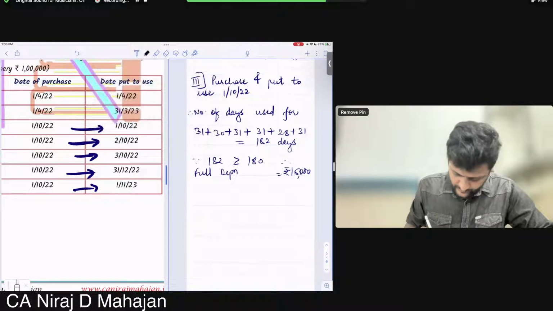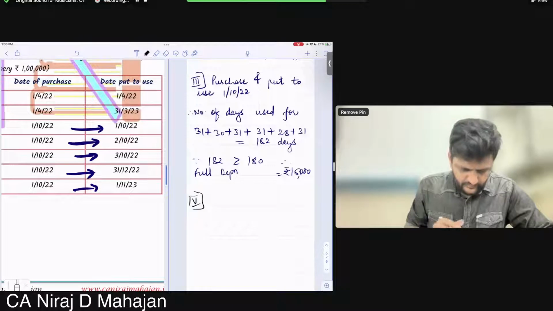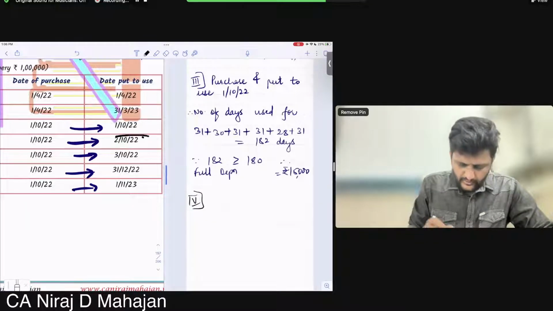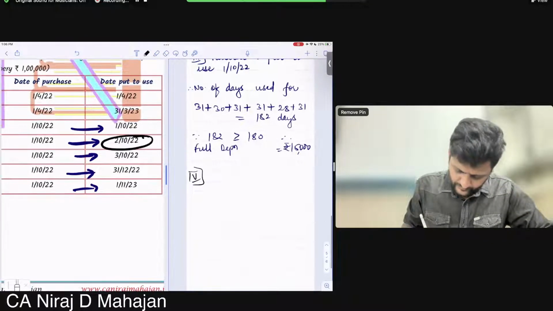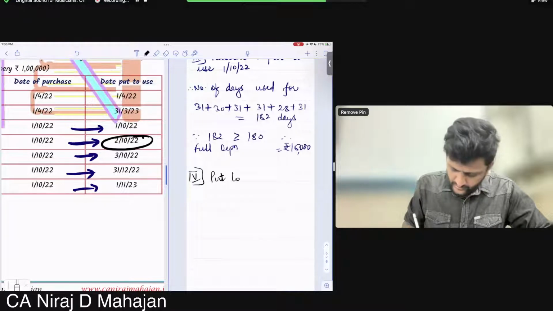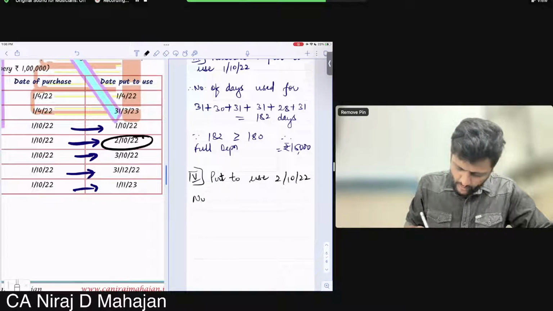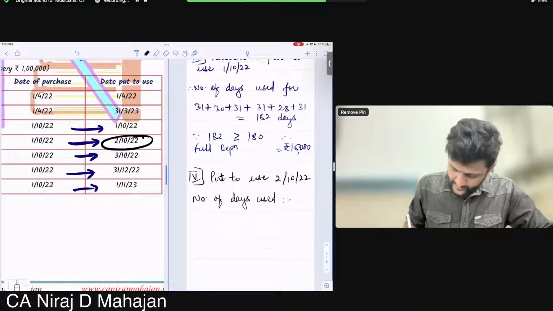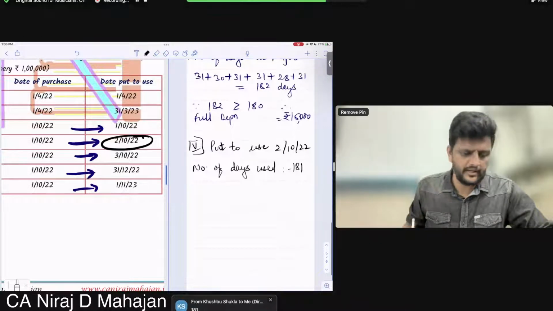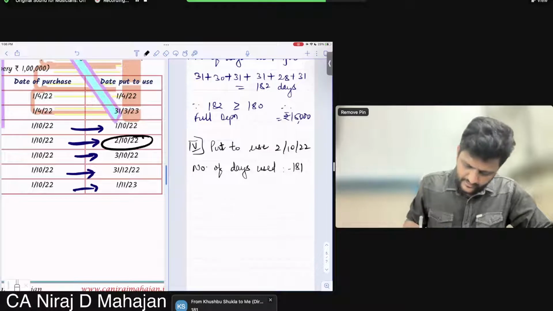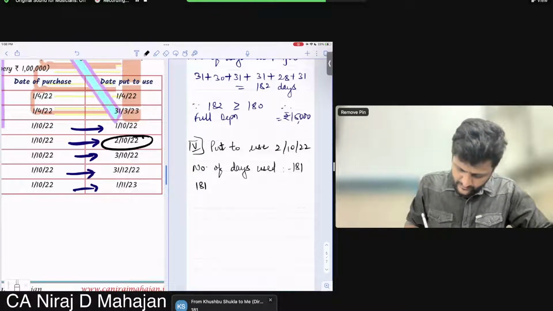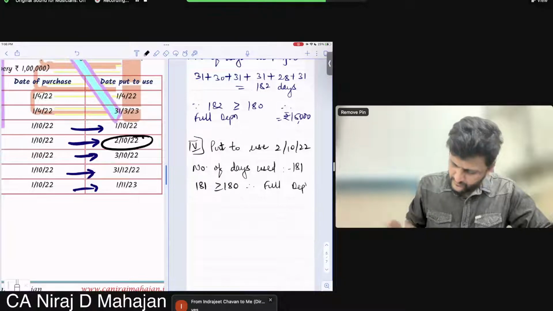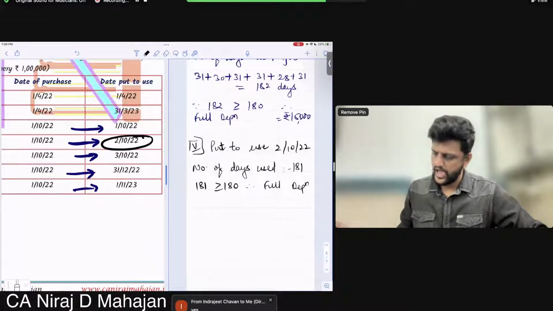Case 4 is done. Put to use, I'm writing in short now, put to use 2/10/22. Number of days used, tell me. 181. Full depreciation, still full depreciation. Clear till here?